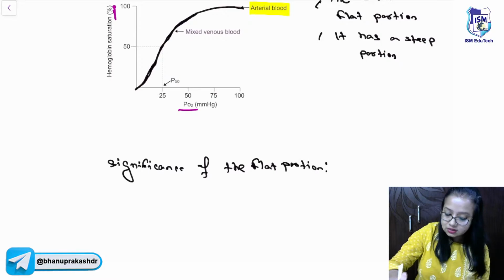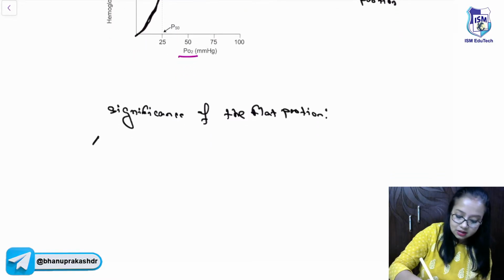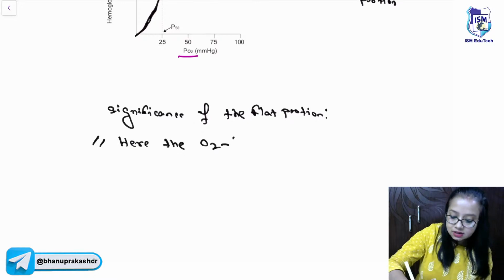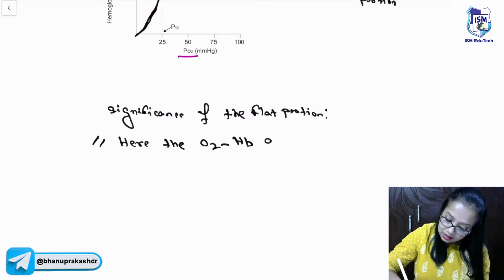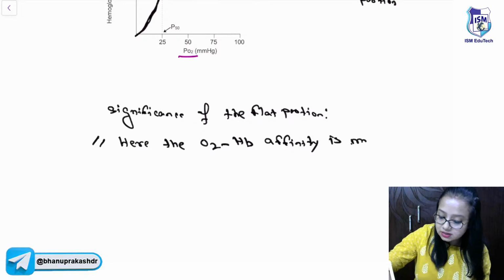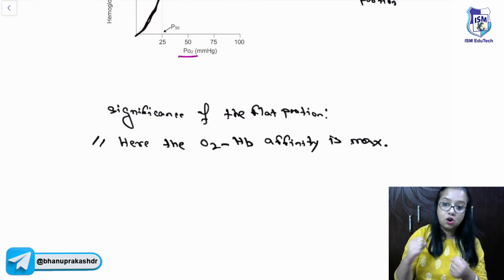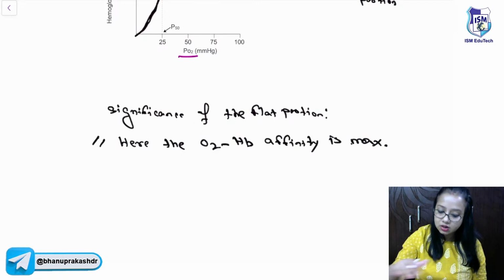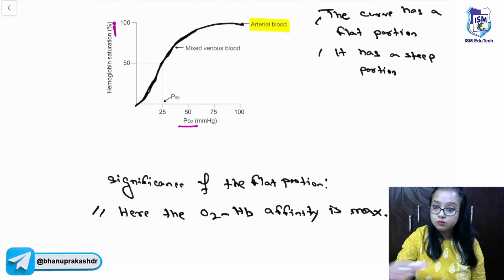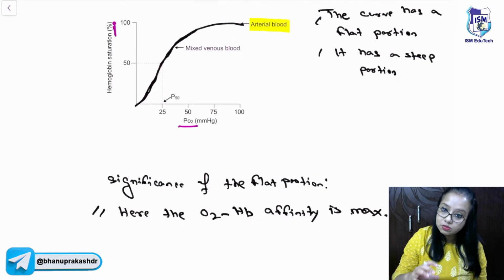The significance of the flat portion is that here the oxygen hemoglobin affinity is maximum, is the highest, meaning the affinity, the strength, the bond with which the oxygen is binding on the hemoglobin is maximum because at this maximum point, all the four molecules or 8 atoms of oxygen have bound on to the hemoglobin.